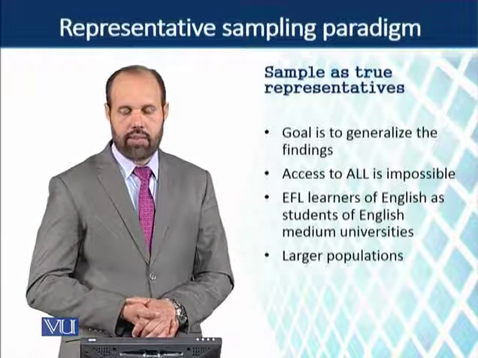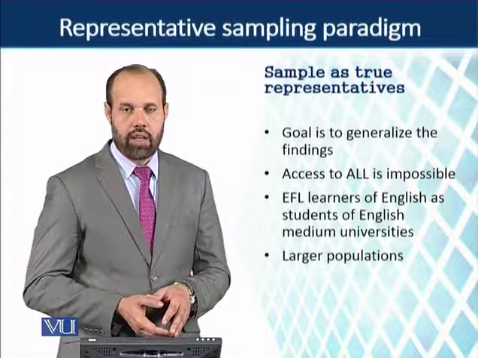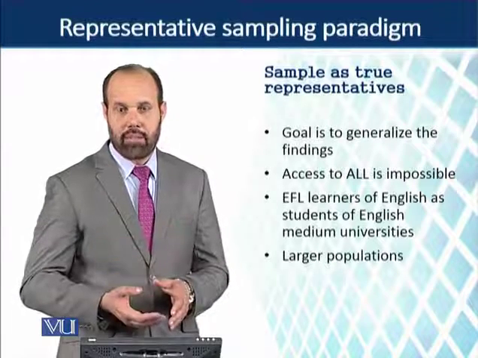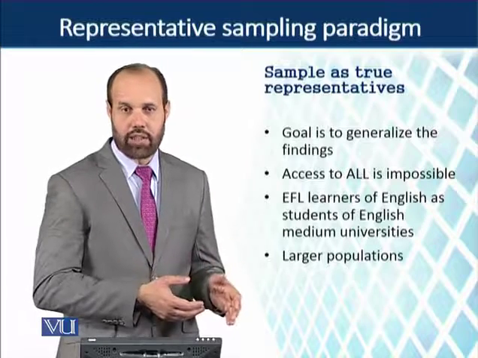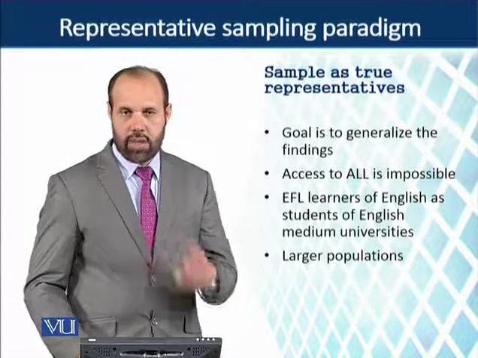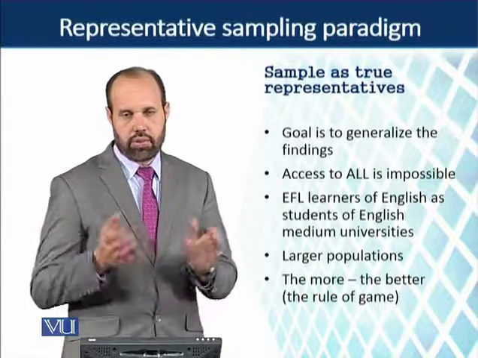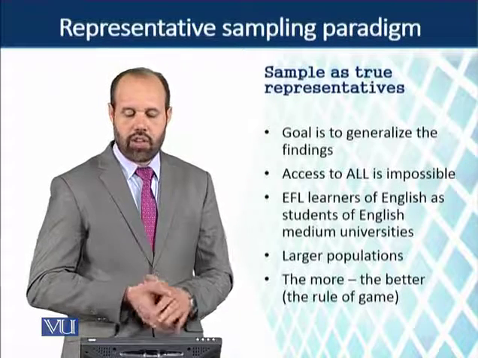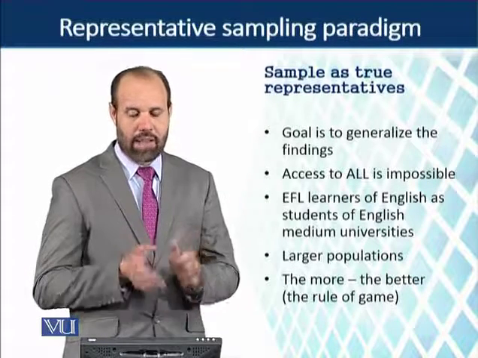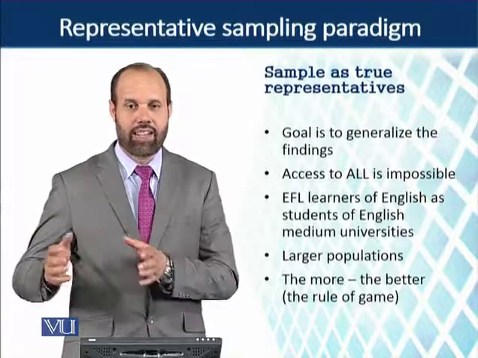In this case, when larger populations are there, we need to go for a sampling paradigm which can best represent the whole population. Such a paradigm is the best answer. And the rule of the game within this paradigm is that the more, the better. So the size is quite large.